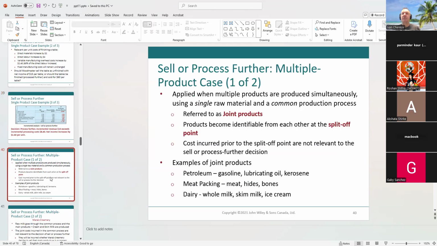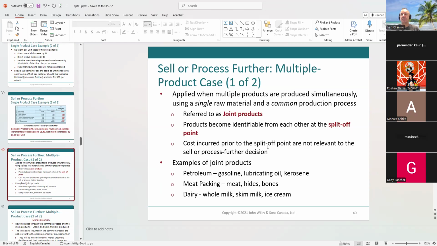Now, if we have to do this with multiple products, multiple products are produced simultaneously from a single product. That will be referred to as joint products, and the products become identifiable from each other at the split-off point. Cost before the split-off point is not relevant.